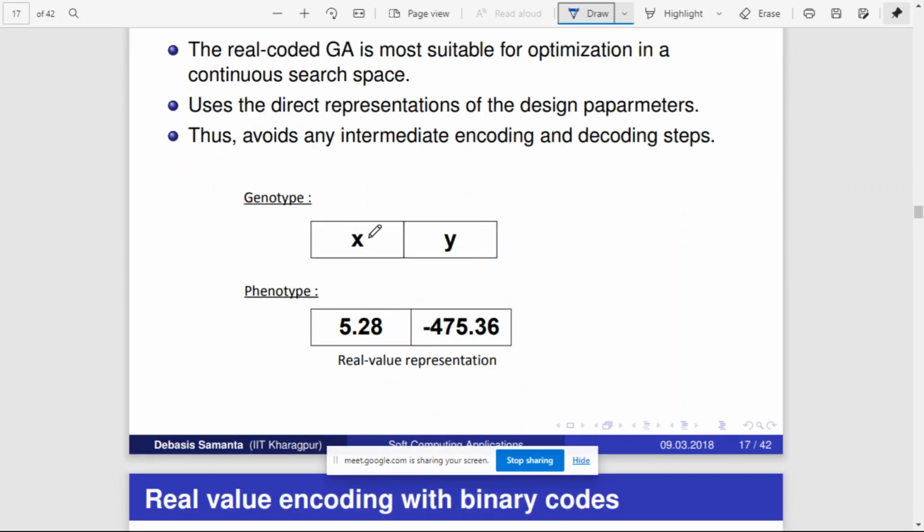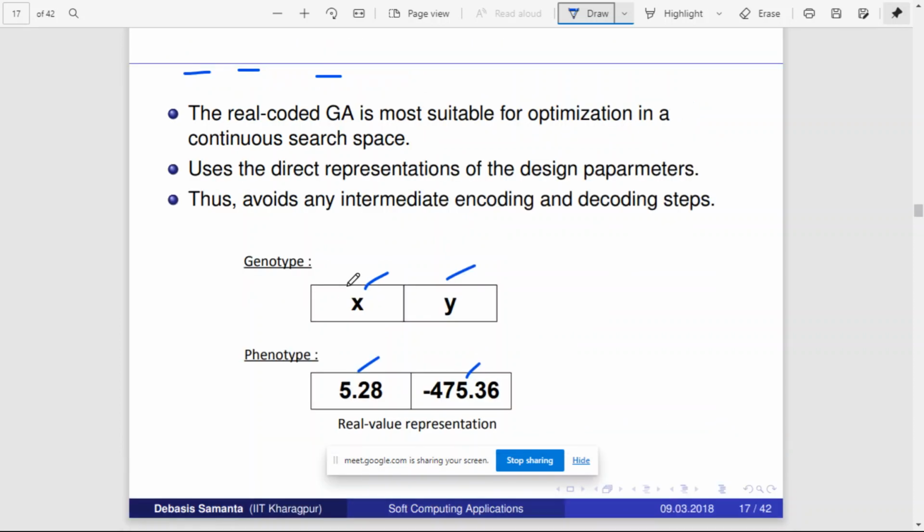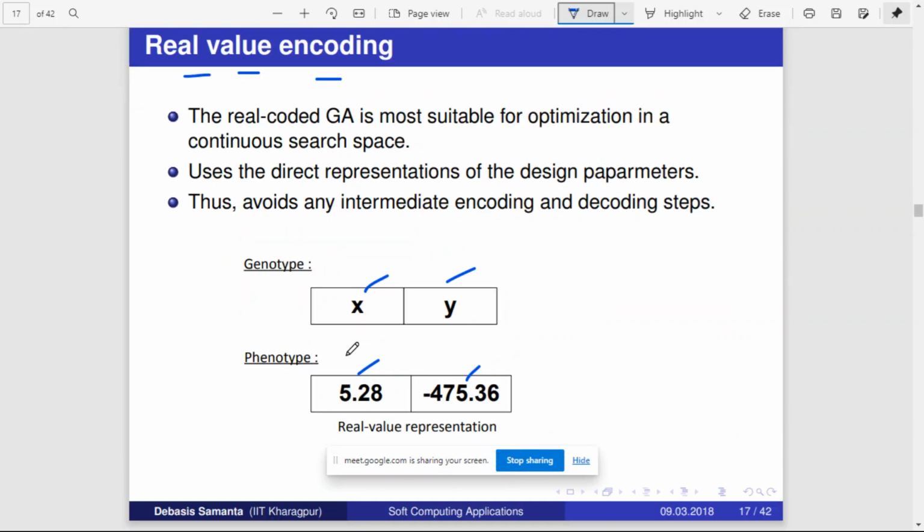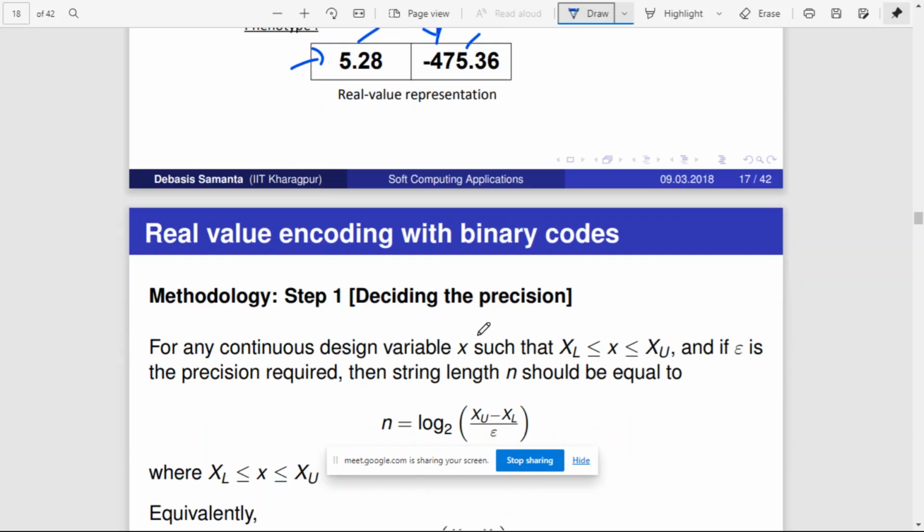The genotype depends on two variables x and y. Then its phenotype will be something like this, x is 5.28, and y is minus 475.36. So in case of binary encoding scheme, we give a binary value, but in case of real value encoding scheme, we directly give a real value. That's it.